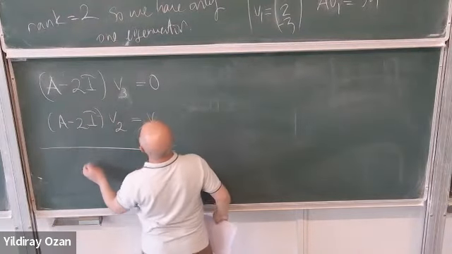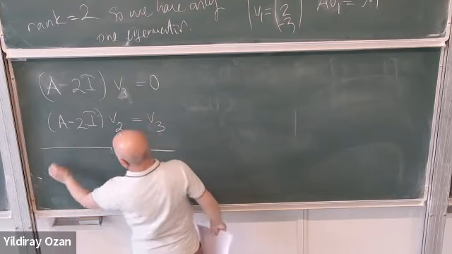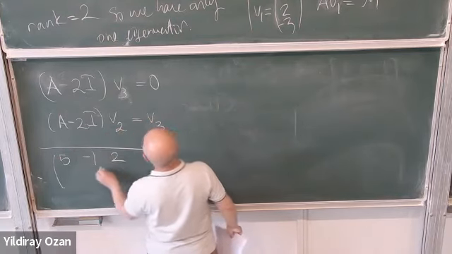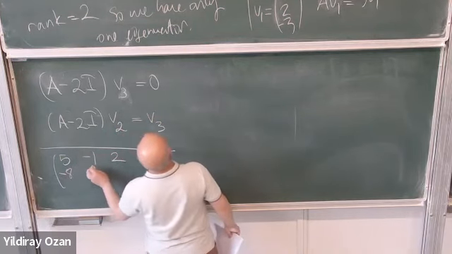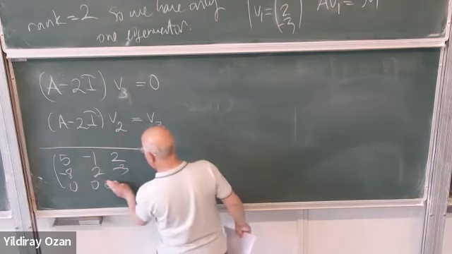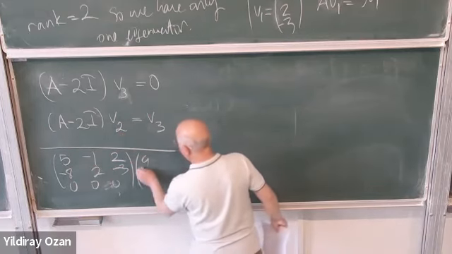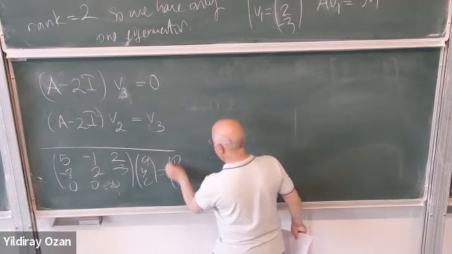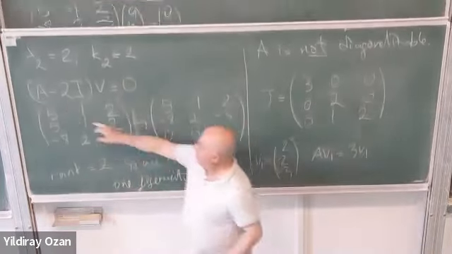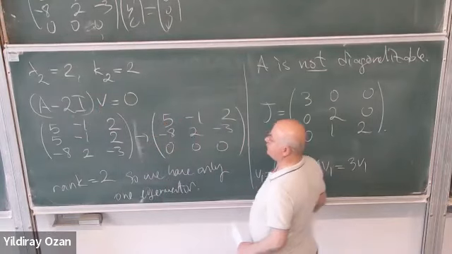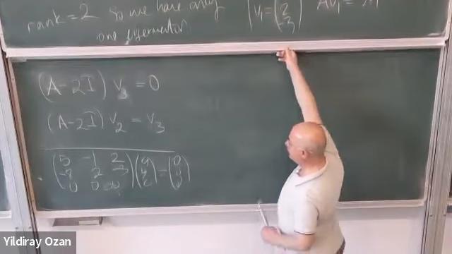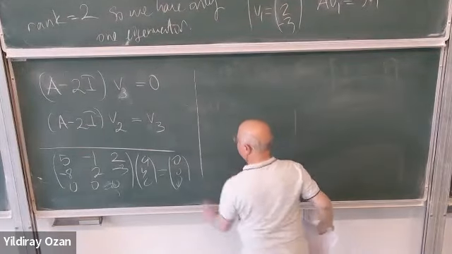A minus 2 times identity is this system: 5 minus 1, 2, minus 8, 2, minus 3, 0, 0, 0, times a, b, c equals 0, 0, 0. That is just A minus 2 times identity times the vector equals 0. That will give me the eigenvector. So let's do that.